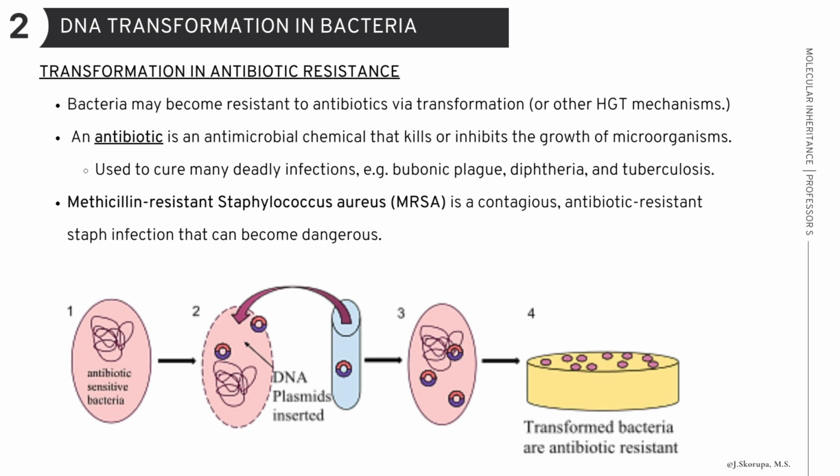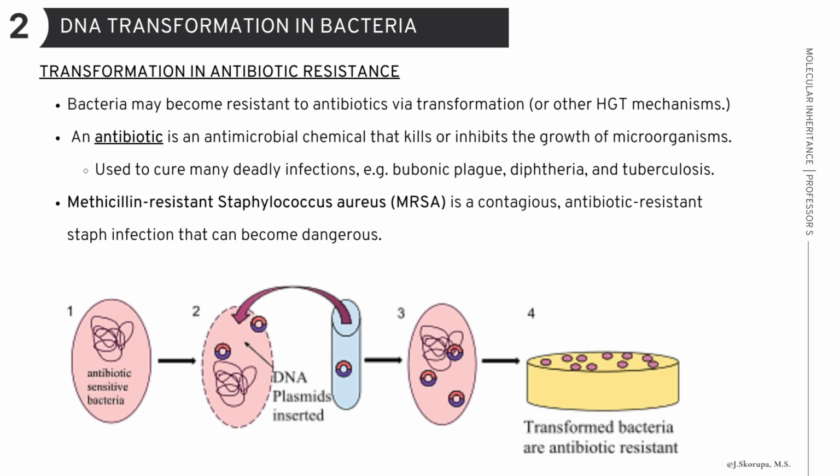They're used to cure many deadly infections, for example, bubonic plague, diphtheria, and tuberculosis. And if you work in a hospital or healthcare environment, you've probably heard of MRSA, methicillin-resistant Staphylococcus aureus, which is a contagious antibiotic resistant staph infection that can become dangerous. Why? Because it does not respond to our treatments.